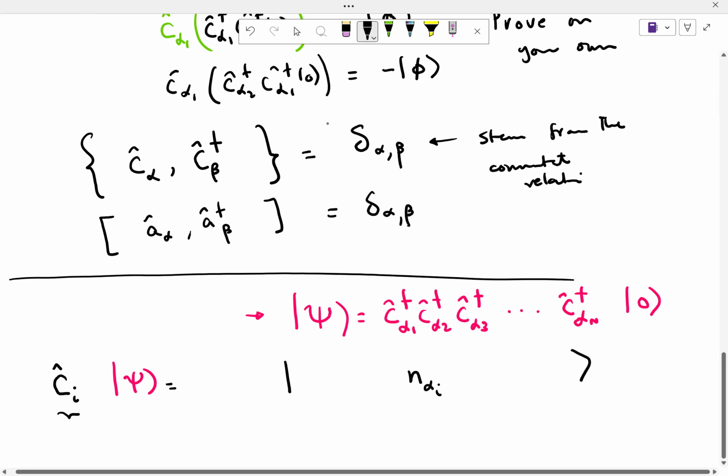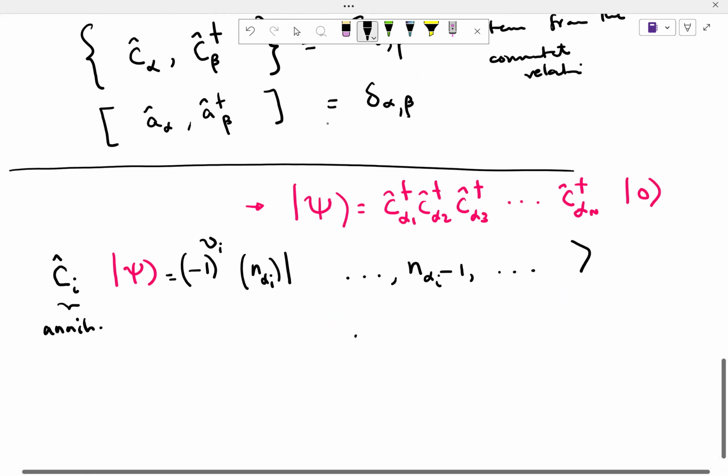Now this annihilation operator decrements this by 1 and keeps everything else the same. And I need some normalization factor with this as well. And because these are fermions, I also need to add a phase, nu I. This nu I is the sum of n alpha k, where k goes from 1 to I minus 1.